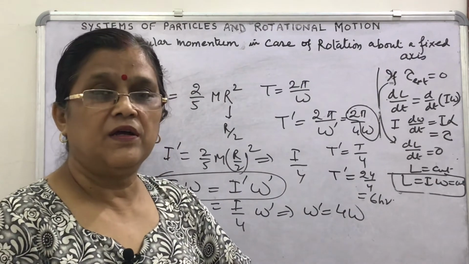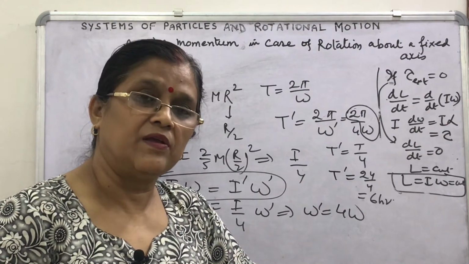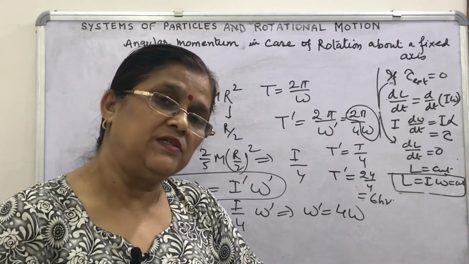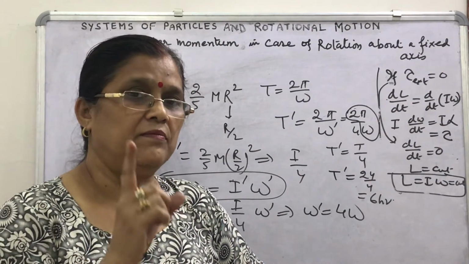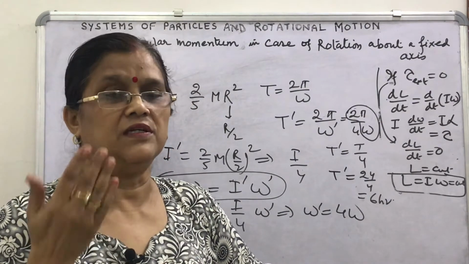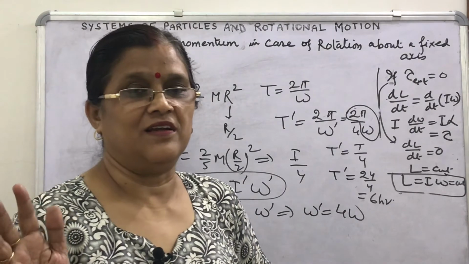So I hope in these examples based on conservation of angular momentum, you have seen that if I increases, omega decreases, or vice versa, provided there is no external torque acting on the system. Let's see one very interesting numerical.